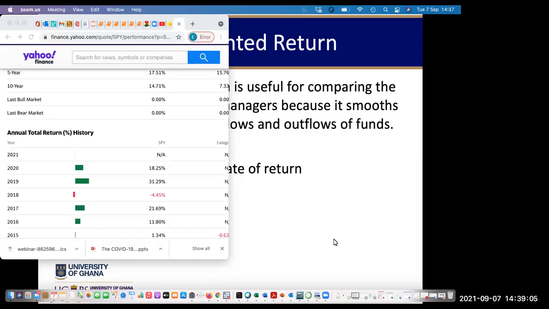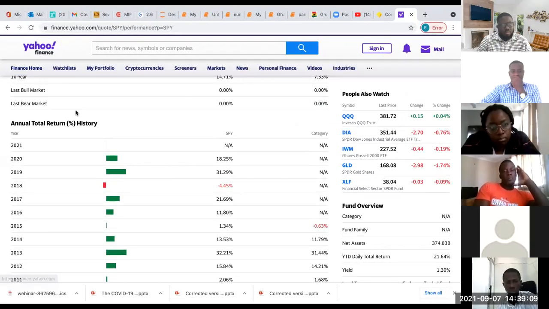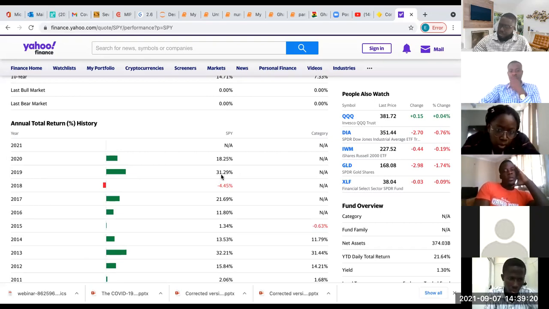Okay, so I found something for you. Let's look at it. So that's the S&P 500, and these are the returns. Look at the return in 2019. What was it? 31.29%.